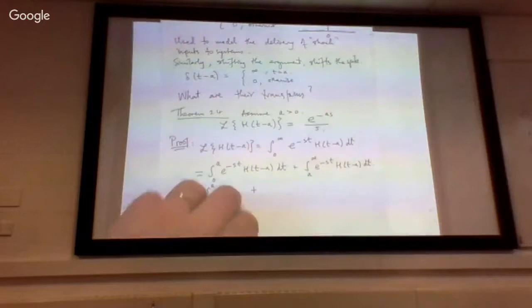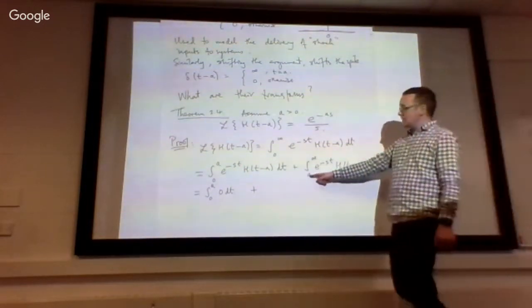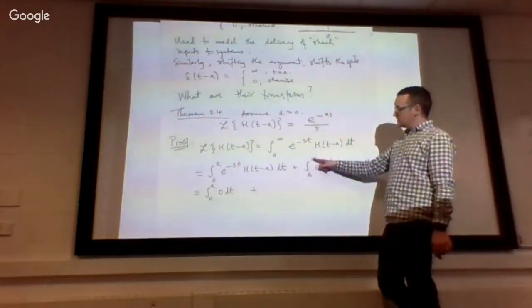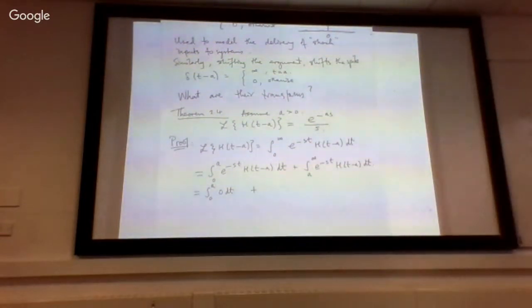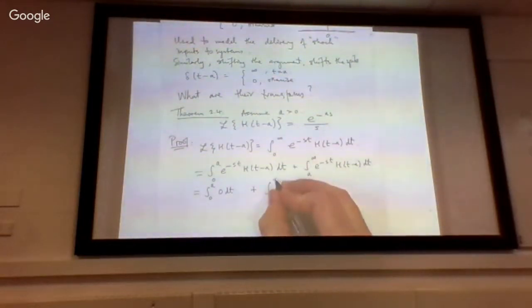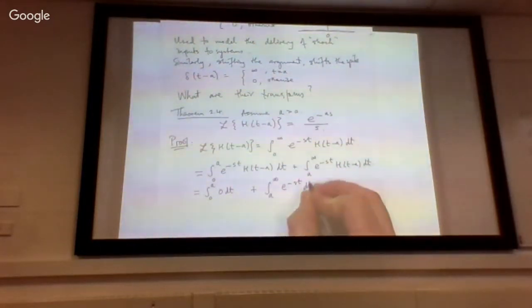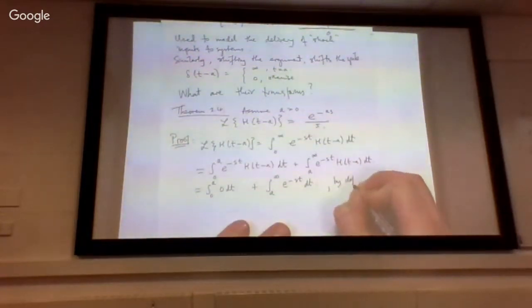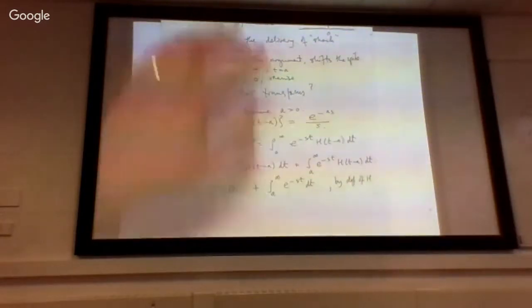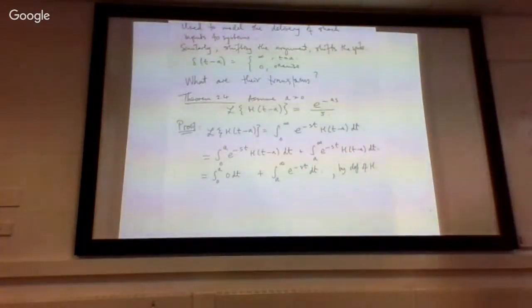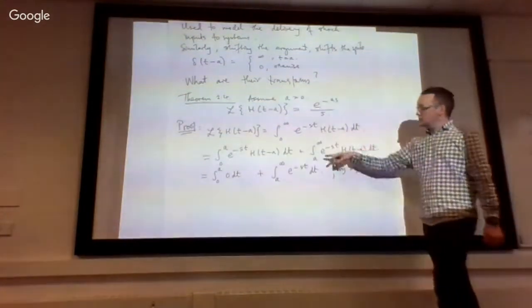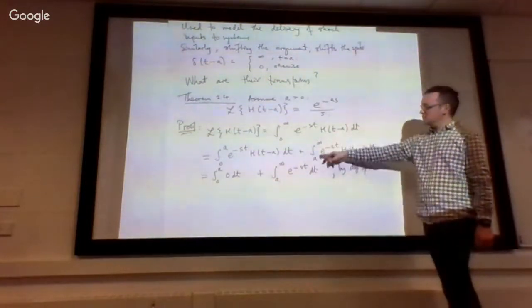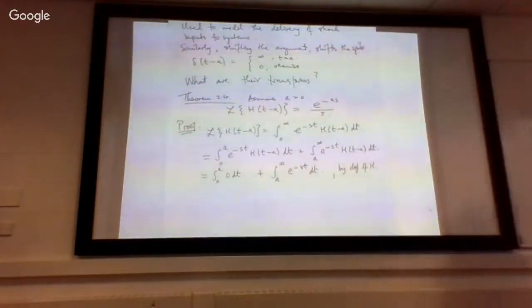The other integral simplifies because for all values of t greater than a, you're integrating here from a to infinity, and for all those values of t, h of t minus a is equal to 1. So it simplifies to the integral of e to the minus st. That's by the definition of h. This version, because it's only evaluated between 0 and a, is 0. This version, because it's only evaluated at values of t greater than a, has to be 1.